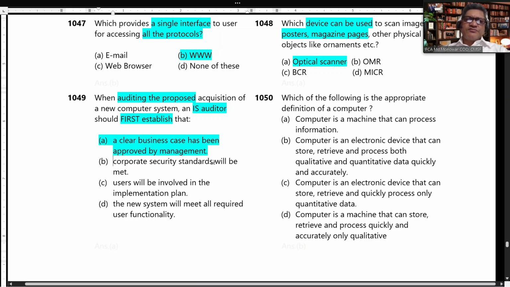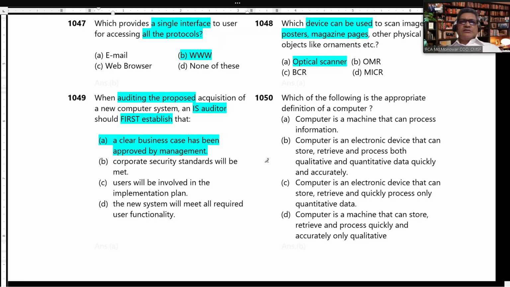This question is taken from the CISA. Its answer is A.